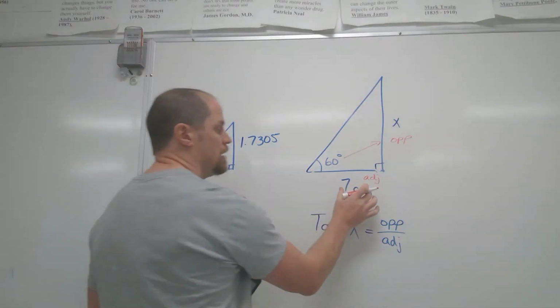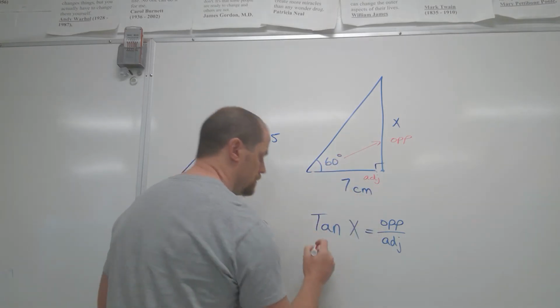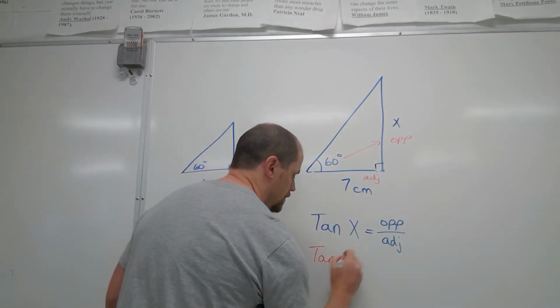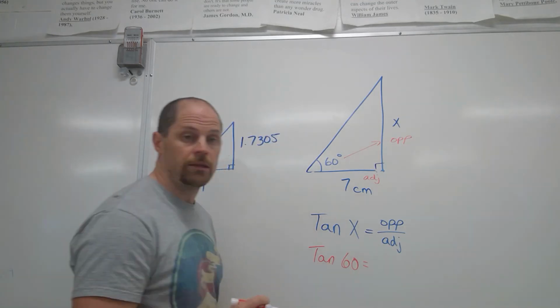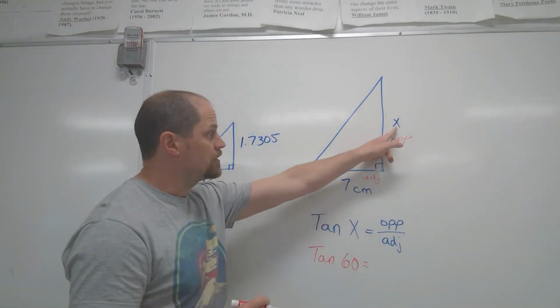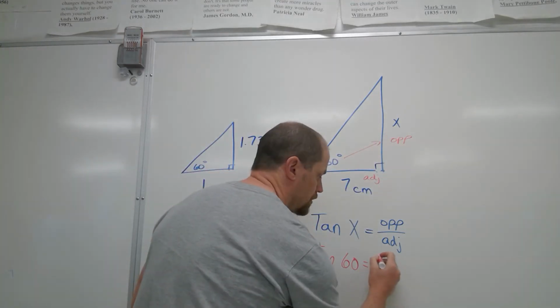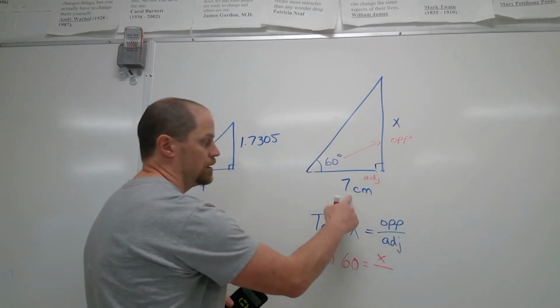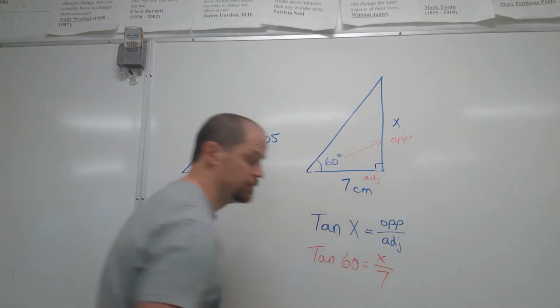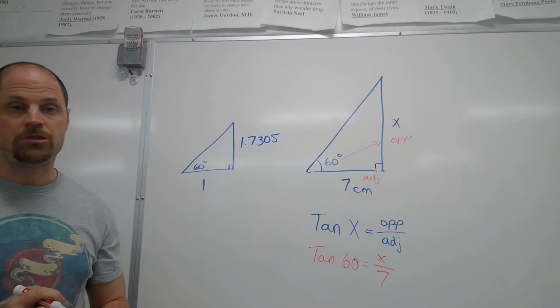So if we take what we know, we have 60 degrees right there. We have an x for opposite, so I'm going to put an x on top, and the adjacent is 7 centimeters.